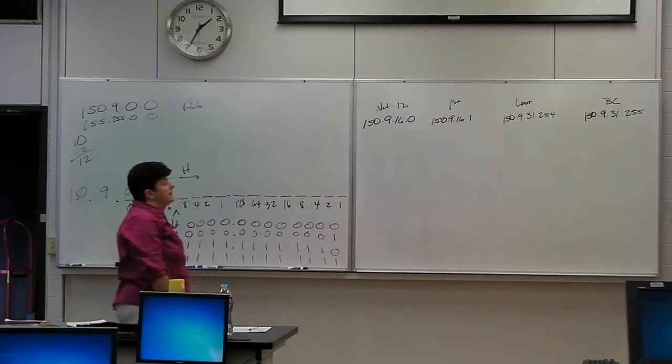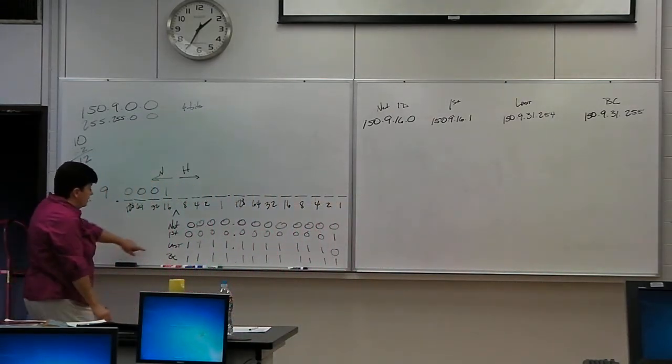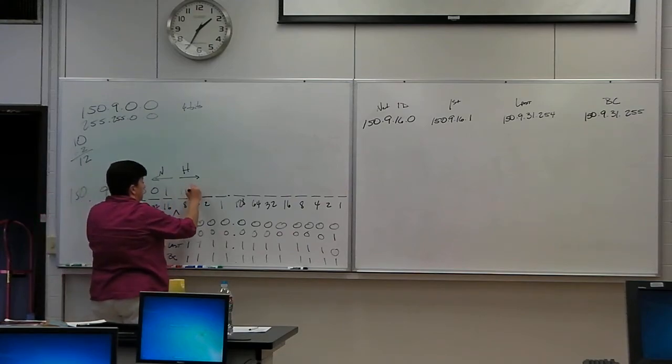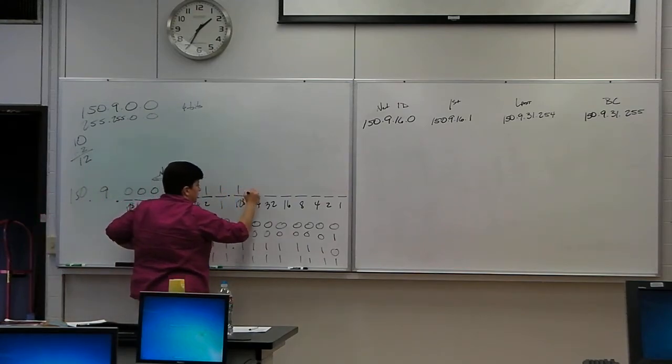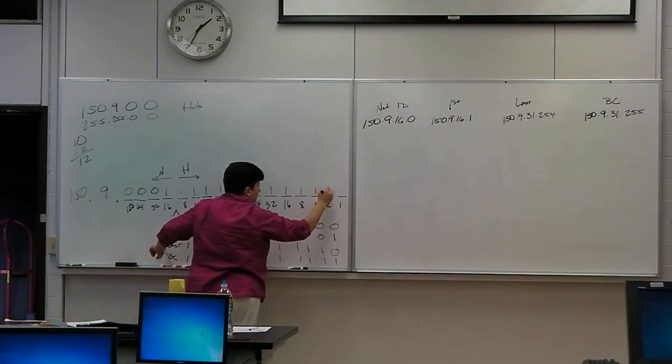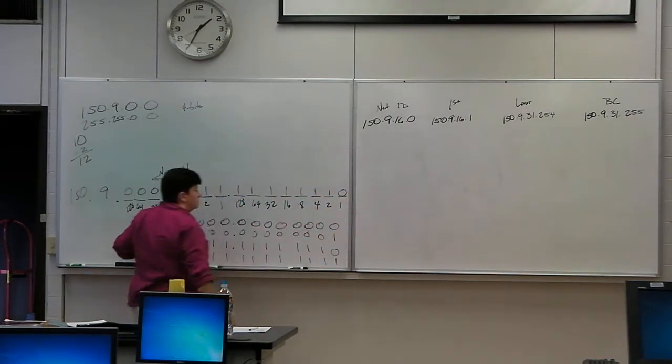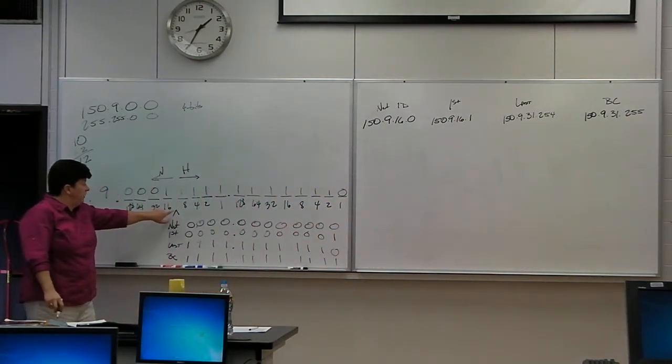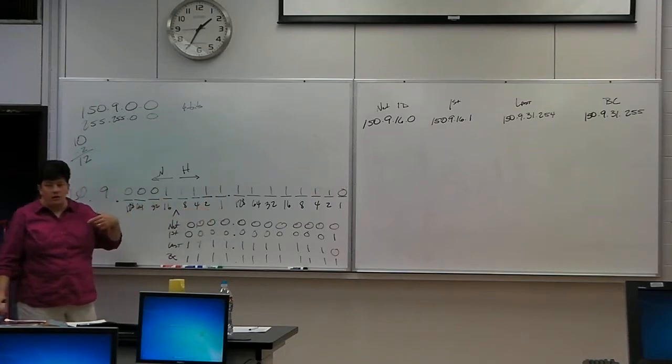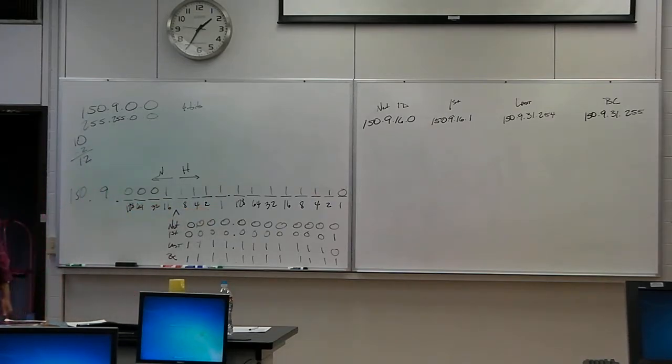Okay? Using this, put all this up here. So 16, 8, 4, 2, 1, add that all up, 31. Could you also figure out the next network and subtract 1? You could. Or check it that way?